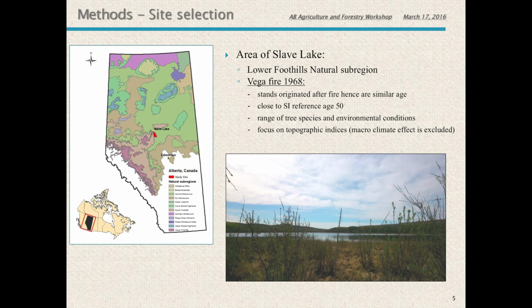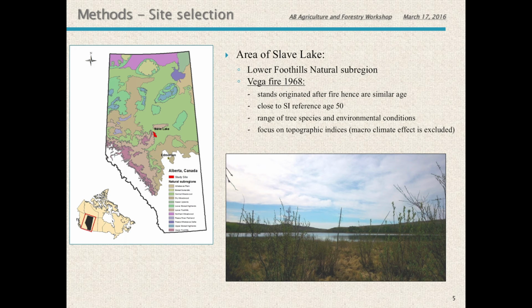First, because the stands has fire origin, so that means they are similar age. Also, they are now close to the site index reference age of 50 years. And also, there's no management, they are unmanaged, so no silvicultural activities and something that can affect the tree growth, height growth of those trees.